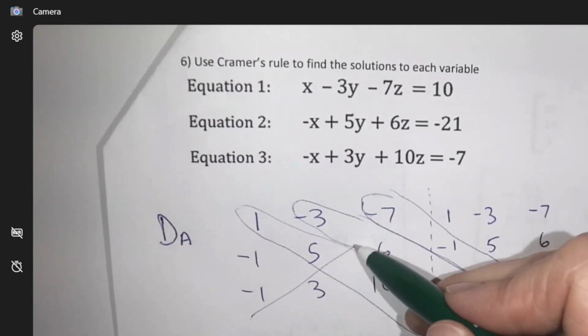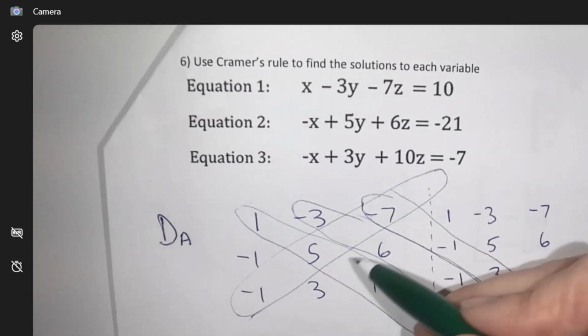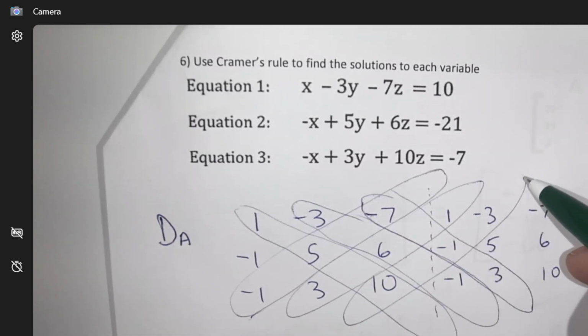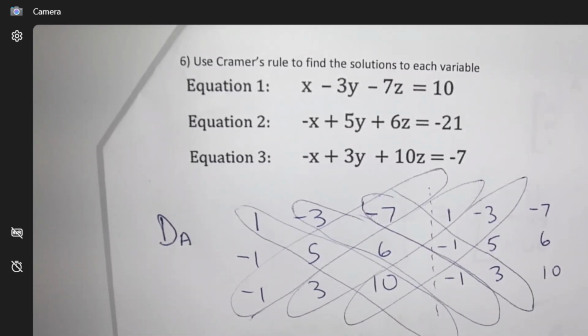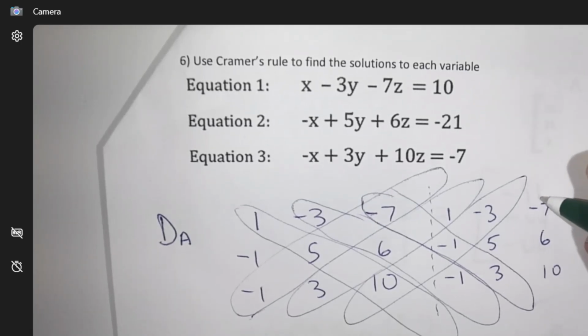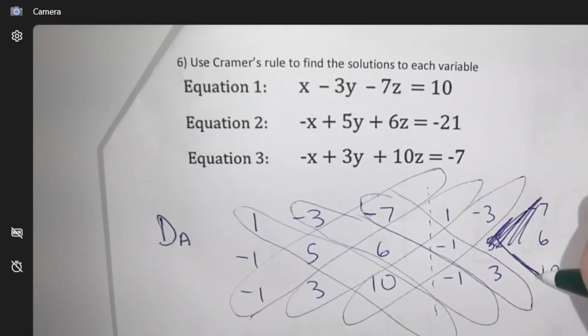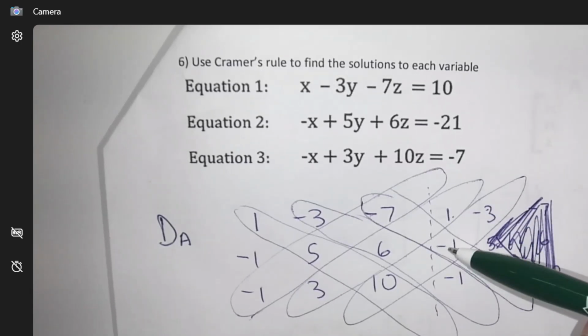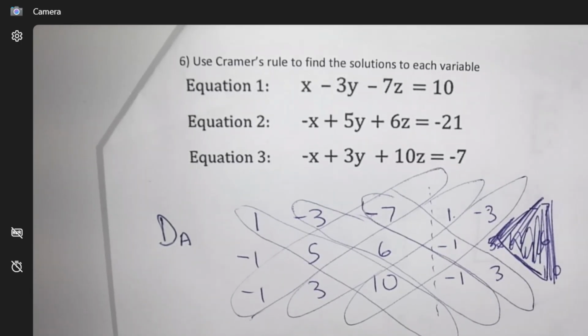And I need 3 up diagonals of 3. Okay, you will never use this triangle. So for me, when I repeat, I always just repeat 2, 1, 2. That's how you do it? Yeah.